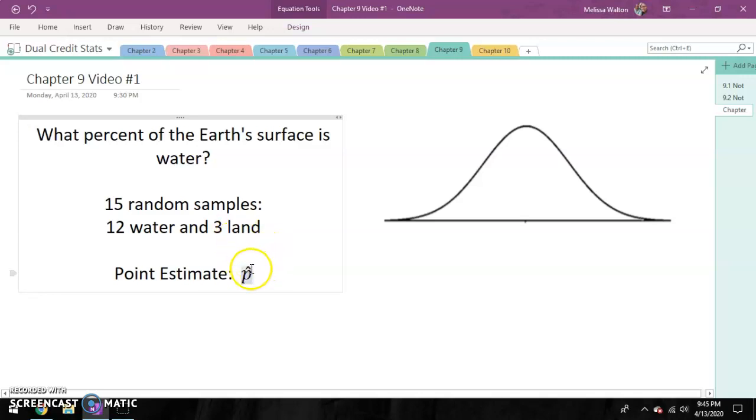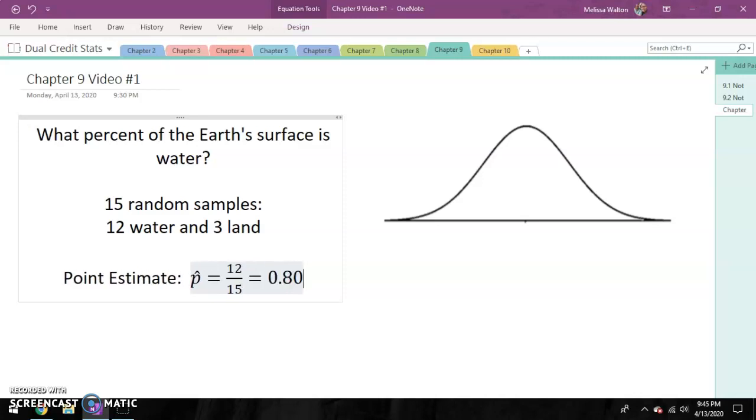That is just saying, hey, this might not be the exact percent of Earth that is water. This is just our guess. This is our predicted value. And for this, we had 12 out of 15 that were water. If I wanted to simplify that down, that is right about 80%.